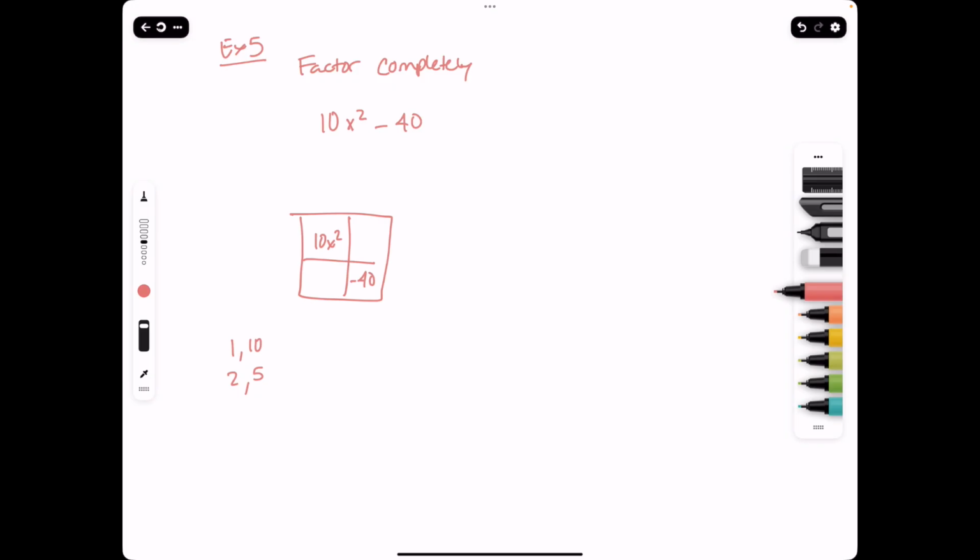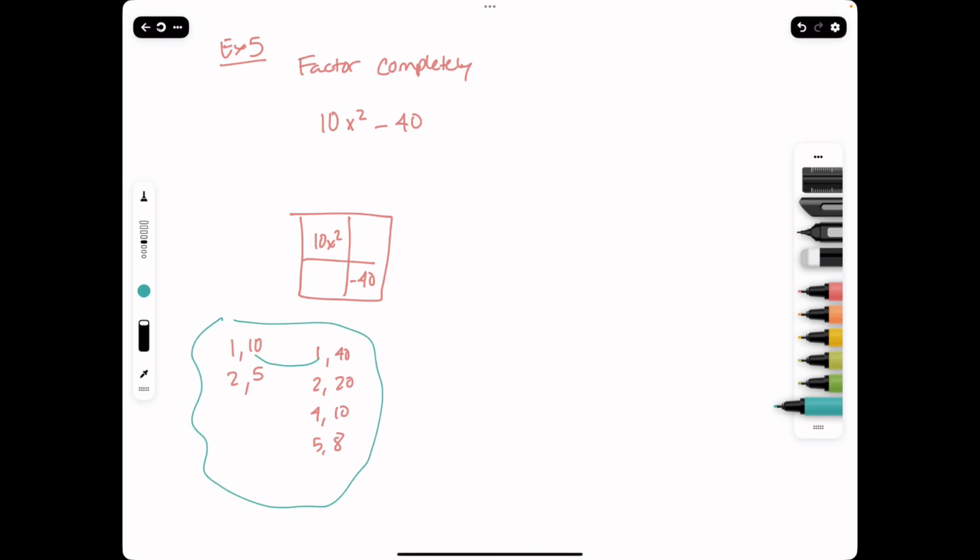And then 40 only has factors of 1, 40, 2, 20, 4, 10, and 5, 8. I'm going to give you the hint and time saver of none of these pairs anywhere in here. If you pair off these two and these two, that's not going to add up to 0. These two, that'd be 40 and 10, that's not going to add up to 0.